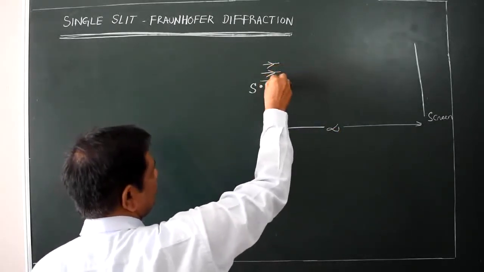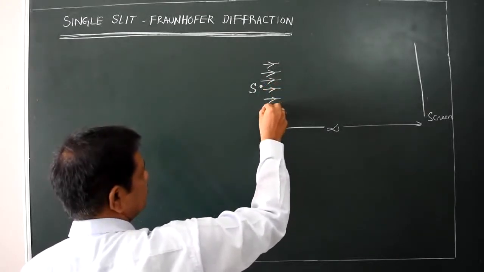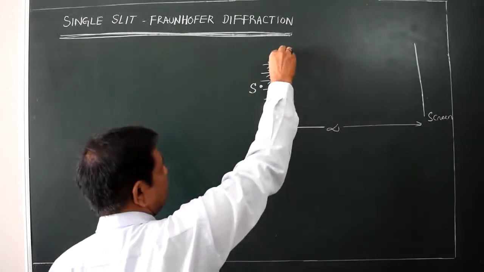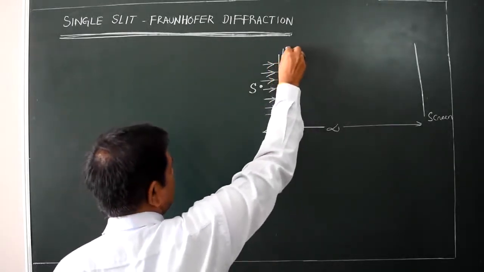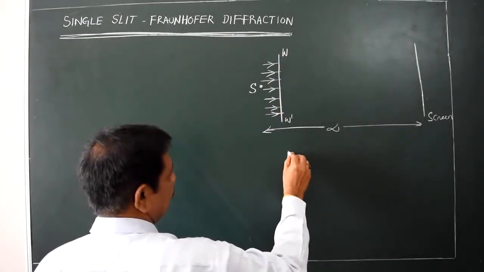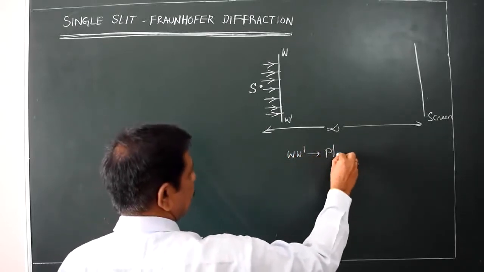This parallel light has a plane wave front. Let W dash be the plane wave front.